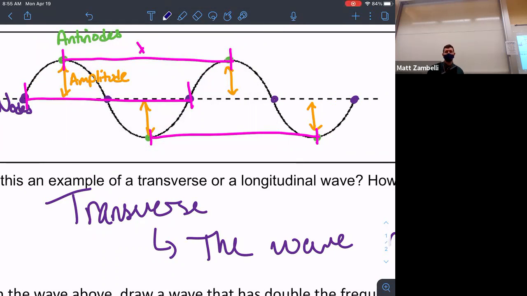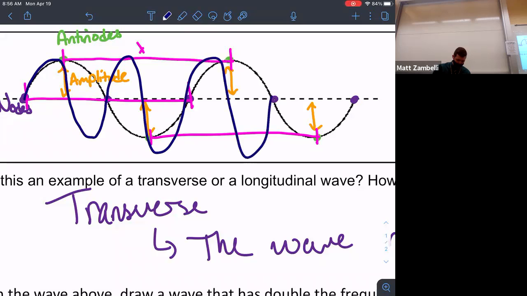If frequency doubles, that means what else? The number of waves doubles. Awesome. We see twice as many waves per second. So we're going to see 2 waves for every 1 wave on our original graph. So something along those lines.